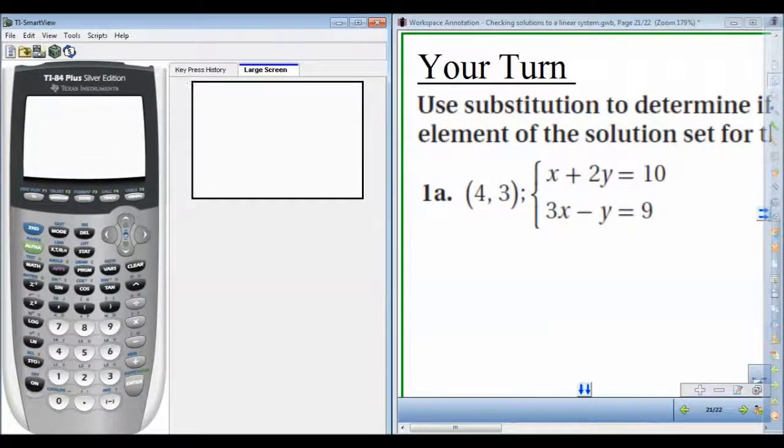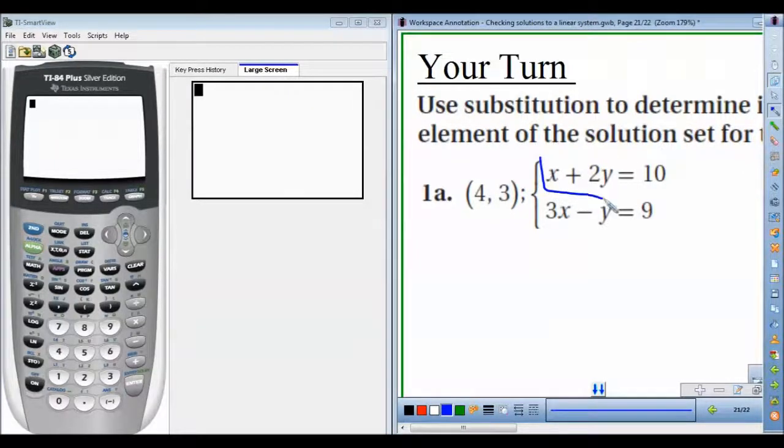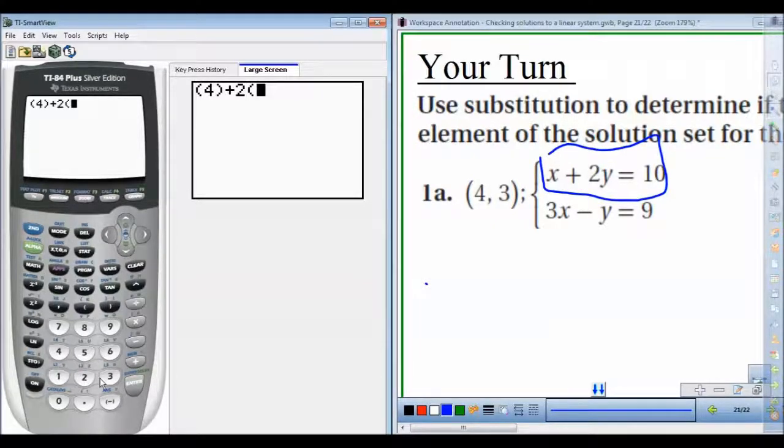So what you could do here is, if you're looking at just the top here, plugging in a 4 and a 3. If we were to do that over here, we can just type in, use parentheses, and now we have 4 for the x, and then plus 2, y is 3, hit enter, get 10.